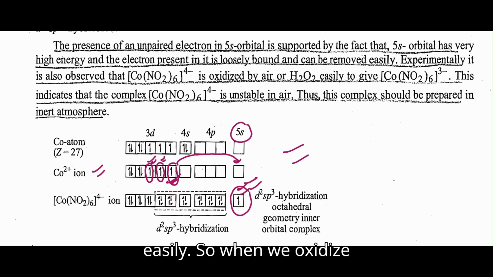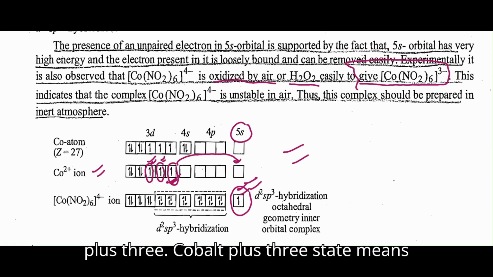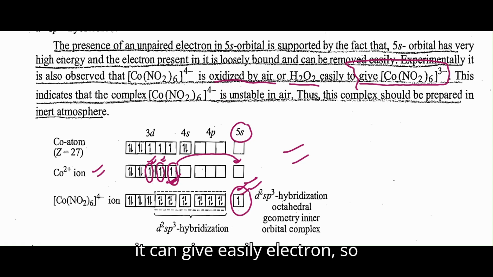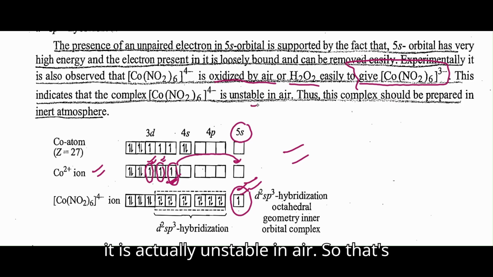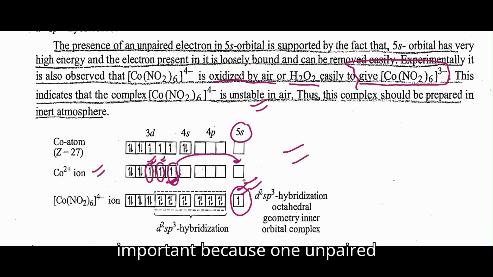So when we oxidize this complex by air or H2O2, it can easily convert into [Co(NO2)6]3-, meaning Co2+ gets converted into Co3+, so it can easily give an electron. So it is actually unstable in air. That's why this complex should be prepared in an inert atmosphere. This complex is very important because one unpaired electron is present in the 5s orbital.